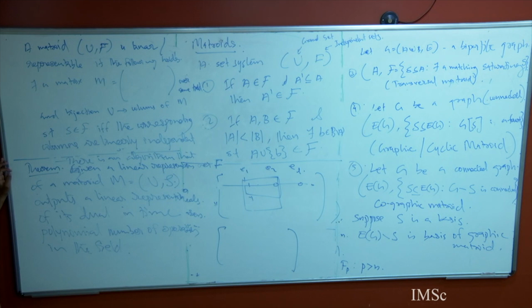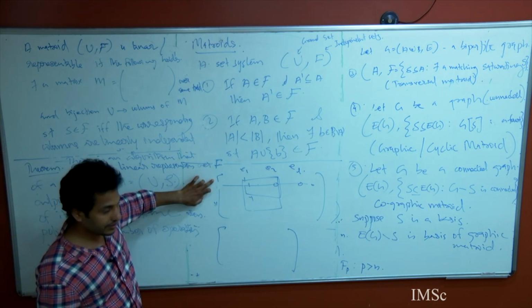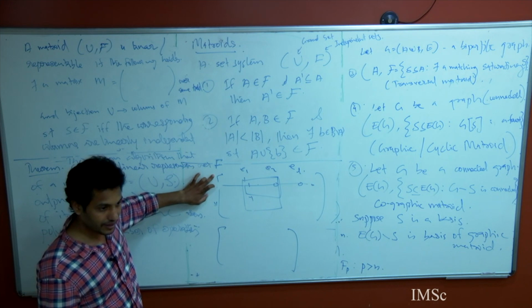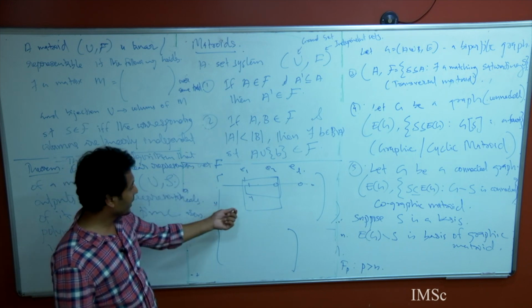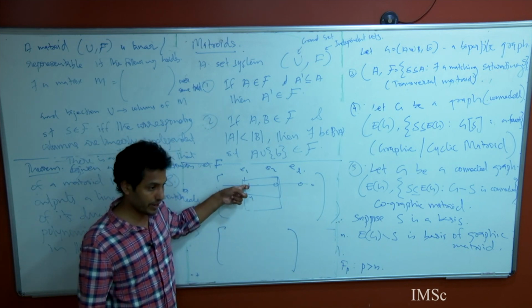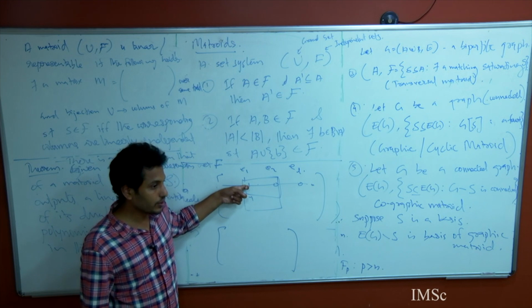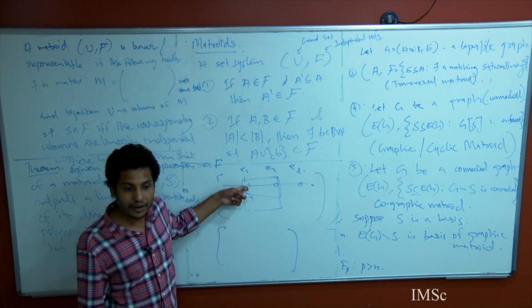Just one more comment here. This is a linear representation over reals. I can get a linear representation over any field where this -1 represents the additive inverse of 1. So in F2, what is the additive inverse of 1?